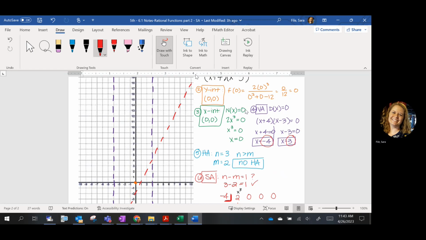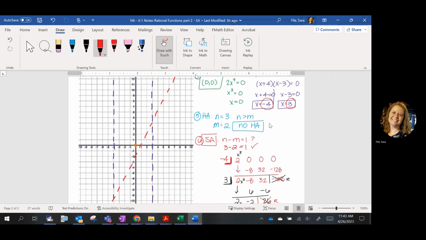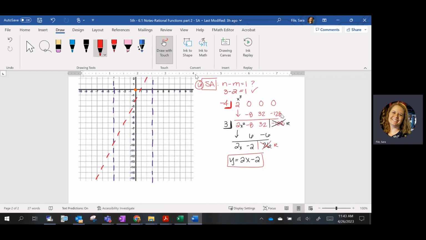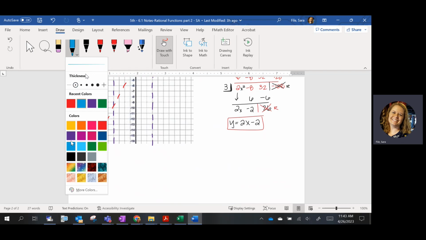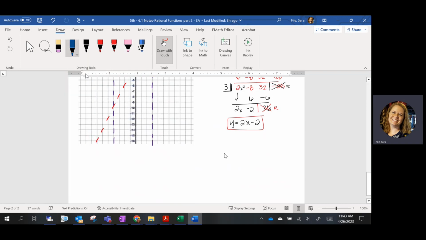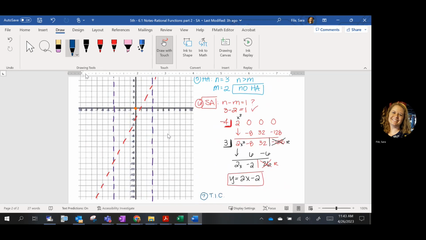All right. Does everybody feel okay so far? Now, what's tricky about this one? What's different? When I get down here to step 7, my test interval chart's actually going to be pretty important because I only have 1 point plotted, don't I? I know where the asymptotes are.